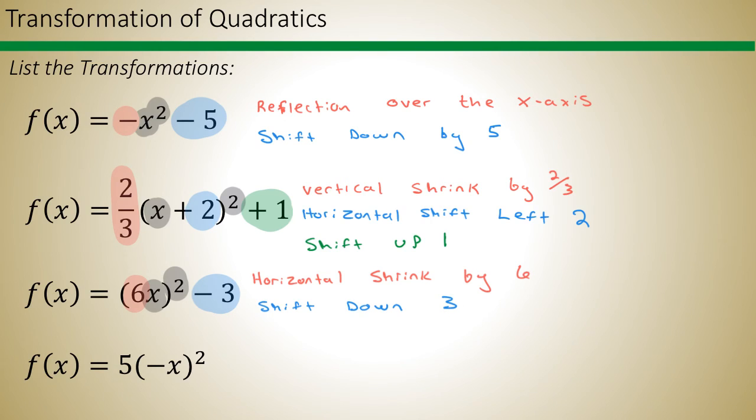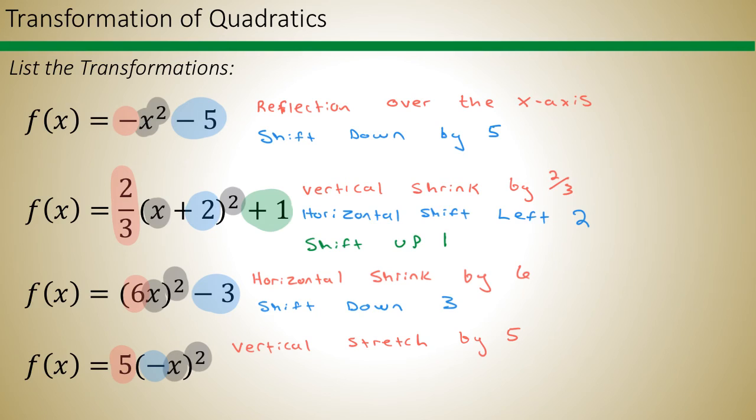And then the last example, again, x squared is the parent function. So the first thing I see here is this 5 out in front. That is going to be a vertical stretch by 5. And the other thing we see is that negative sign on the inside.